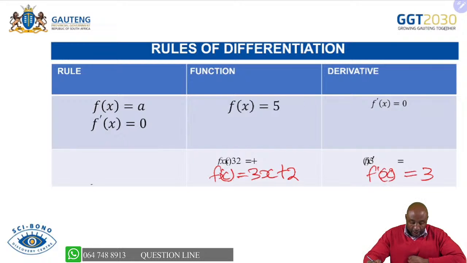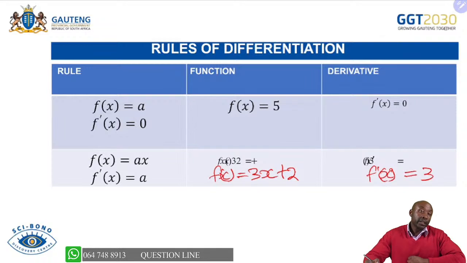We had our coefficient of x as 3 and we have our derivative as 3, but we no longer have the variable x. Let's check what could have happened. You will find out that if our function is ax, our derivative becomes whatever is the coefficient of that x.